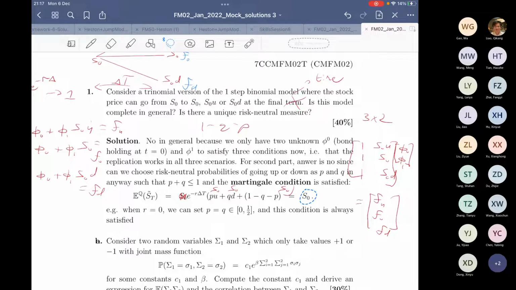Let me clarify exactly how much freedom we have. If we fix P, then that does fix Q, because this is just going to be an equation in Q, which we would solve.